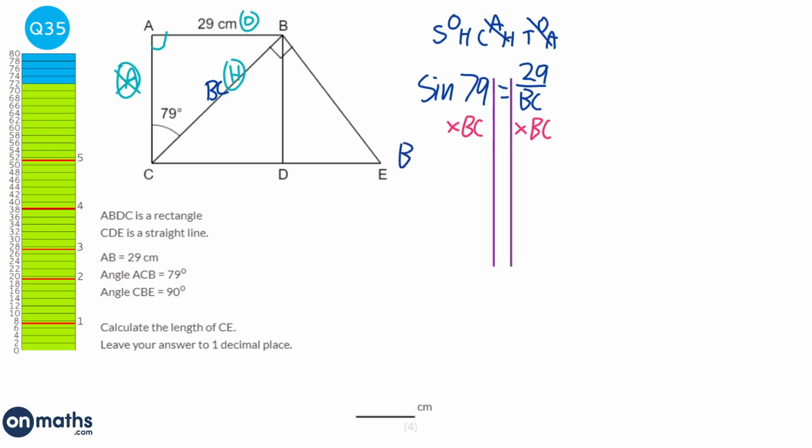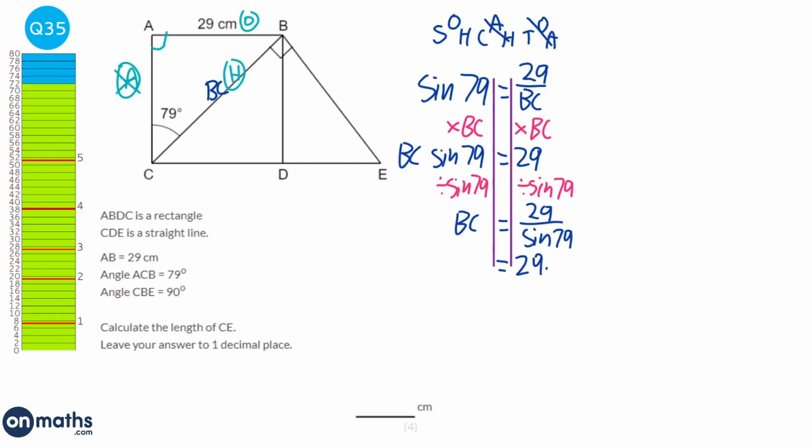So we end up with BC sine 79 equals 29, and we're just going to divide both sides by sine 79. Just a bit of rearranging. So BC will be 29 over sine 79. And when you do that on the calculator, you get 29.542 and so on.